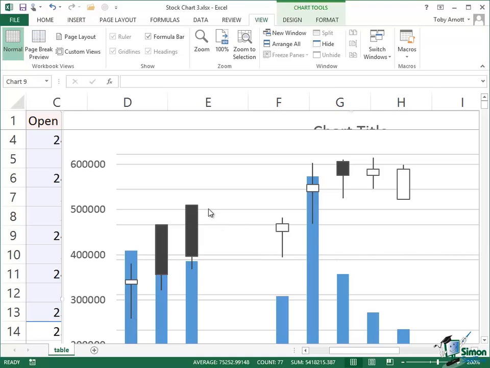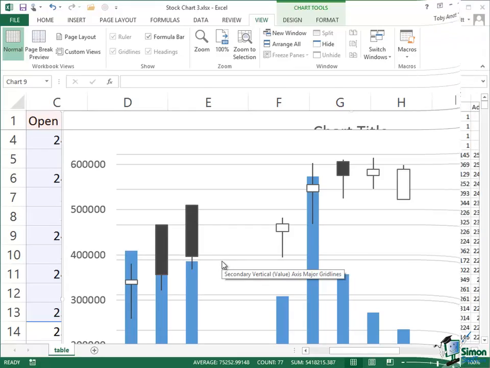For a black candlestick like this one, it must have started at that figure and closed at a lower figure, and in fact the wick below this one indicates that at one stage during the period it was actually lower than the closing price for the period, that's indicated by the bottom of the body of that black candlestick. So that's how to interpret candlesticks.